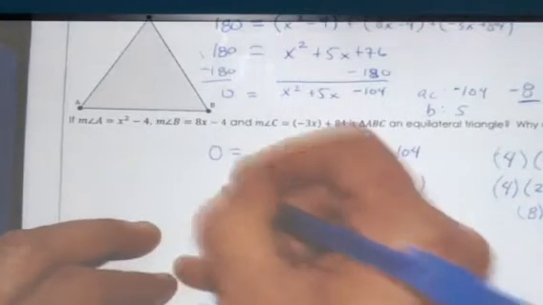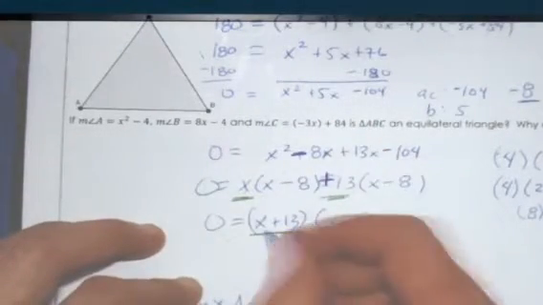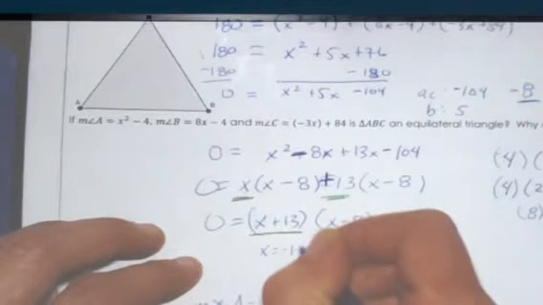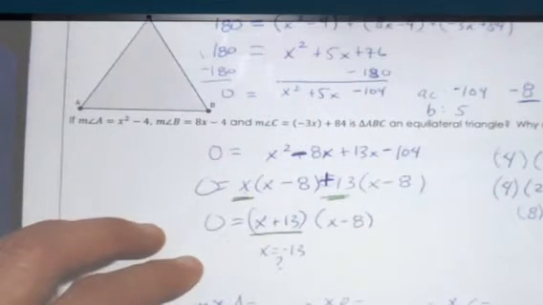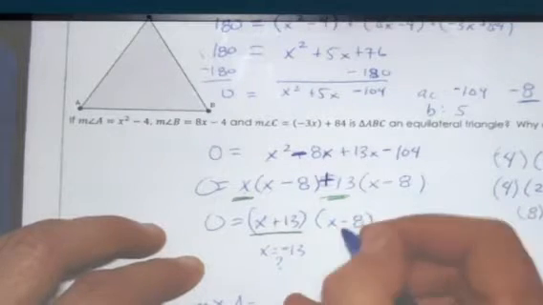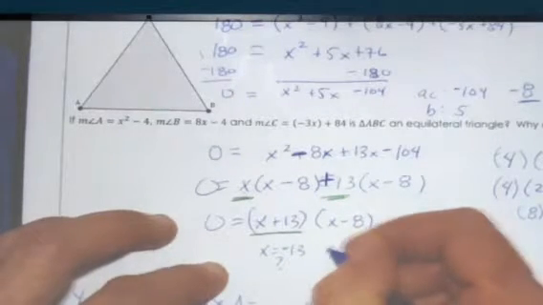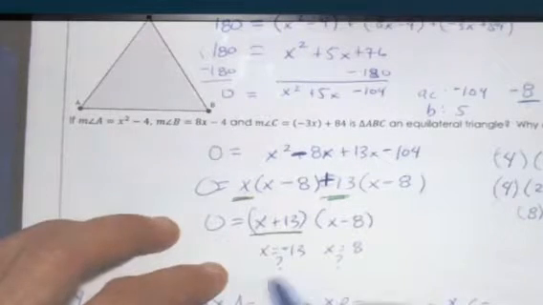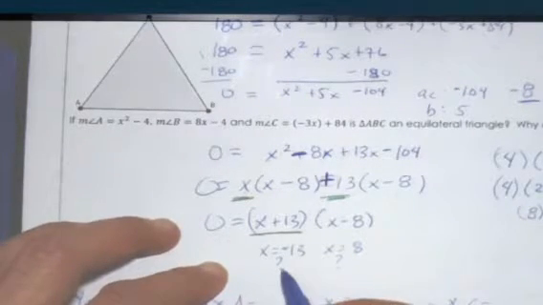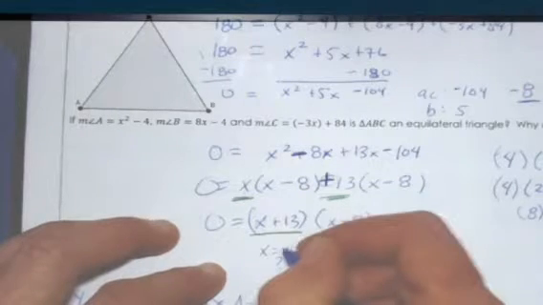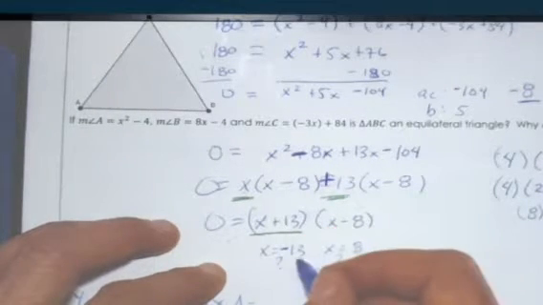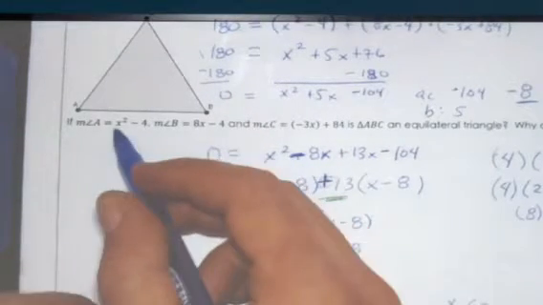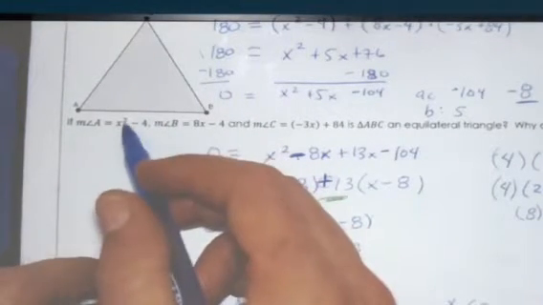And these equal 0. So I can set x plus 13 equal to 0 and solve and get x equal negative 13, maybe. And x minus 8 equals 0, x equal 8, maybe. So now we have to take these question marks and resolve them. So let's try substituting x equal negative 13. If I bring that here, I'll have negative 13 times negative 13 is a positive number.